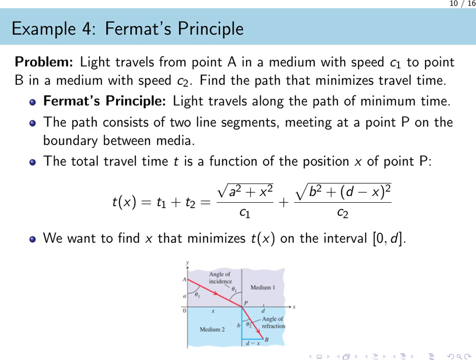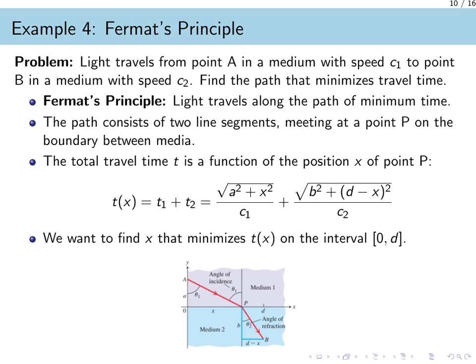The path will consist of two straight-line segments connected at a point P on the boundary. Our task is to find the exact location of this point P that makes the total travel time as small as possible. We can express this total time as a function of the position of P, which we call x. The time in the first medium is its distance, the square root of a squared plus x squared, all divided by the speed c1.